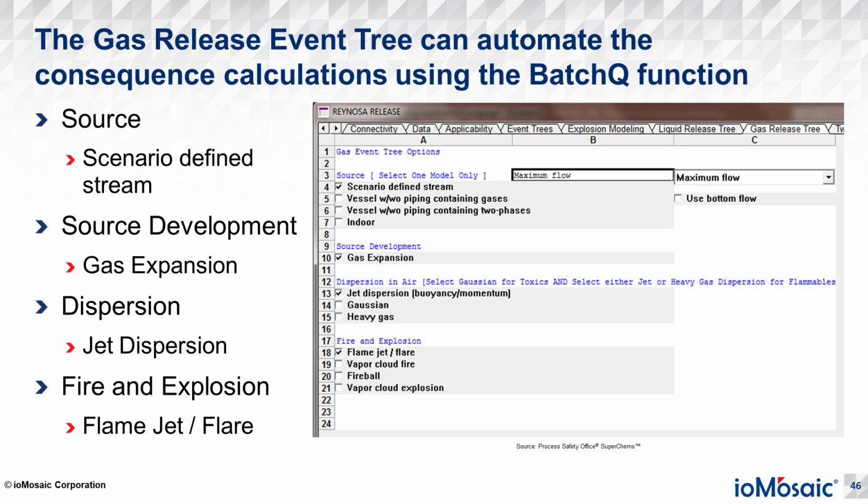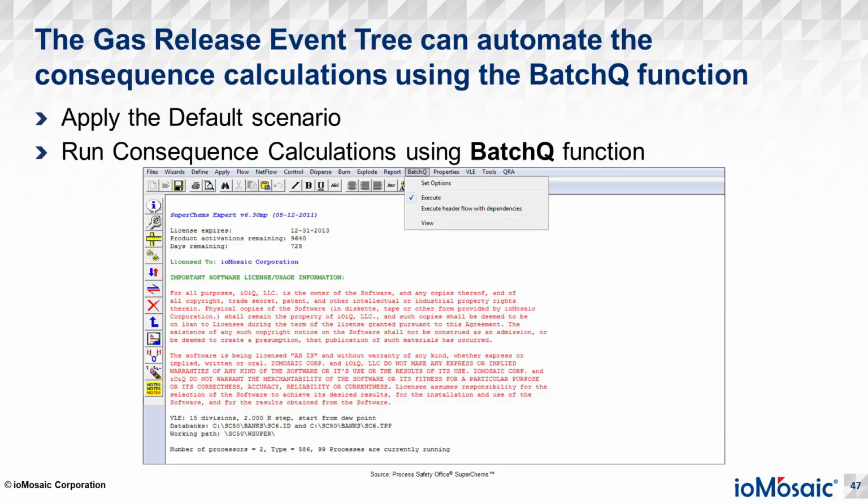And the nice thing about using the event tree is once we've made our selections here, we can automate those calculations by applying the default scenario and then using the batch queue to run our calculation.